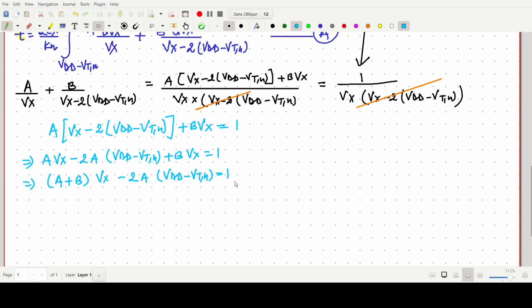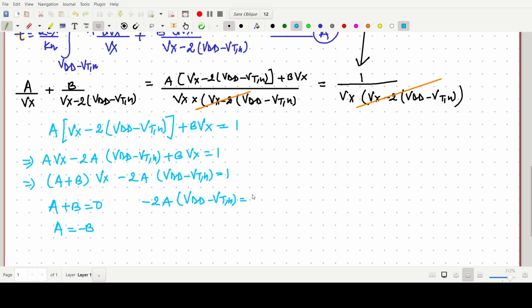Now see, the Vx coefficient is 0 on the right hand side. So A plus B becomes 0, so A equals to minus B. Now this one is our constant term which is equal to 1. So minus 2A (VDD minus Vtn) equals 1, simple partial fraction concept.